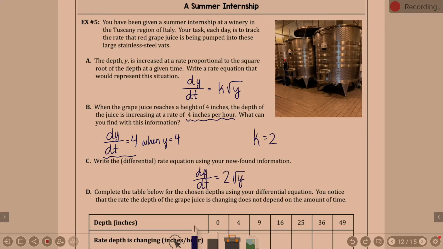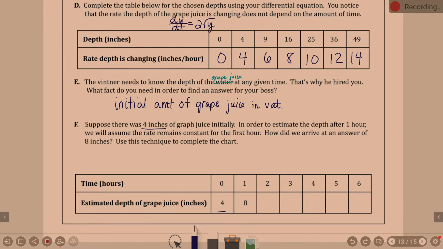So with that in mind, if your initial depth is 4 inches, and in that first hour it's a constant rate, increasing 4 inches, that puts us at 4 plus 4, which is 8. Are you guys seeing that? Because it's this initial 4 with the fact that our rate was 4 inches per hour. Now it says assume that it remains constant for the first hour.